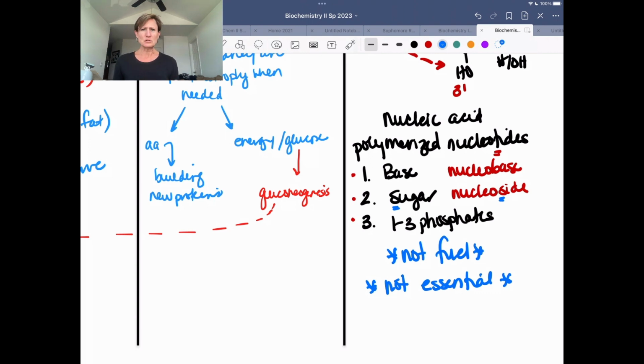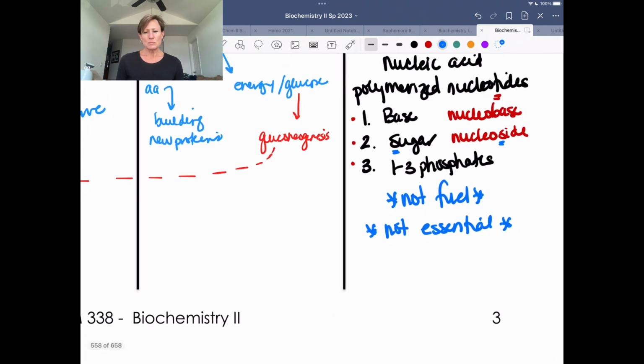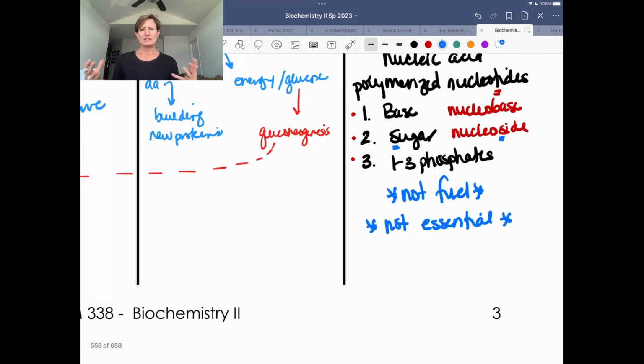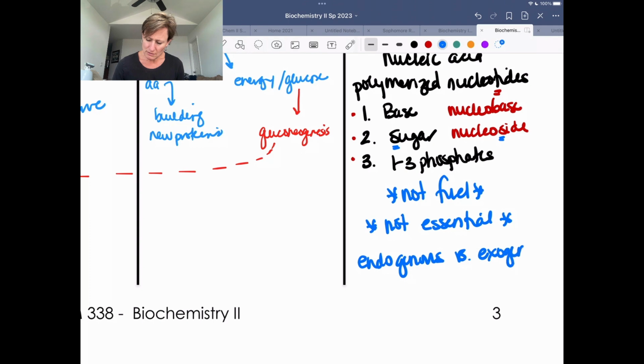So it's not to say that nucleic acids and nucleotides are not important. It just means that we can make everything that we need with the biochemical machinery that we have in our body. So, last little bit to think about, and we had separate slides to address this when we did our lipid and then our protein metabolism: we have both endogenous and exogenous sources of nucleic acids and corresponding nucleotides.